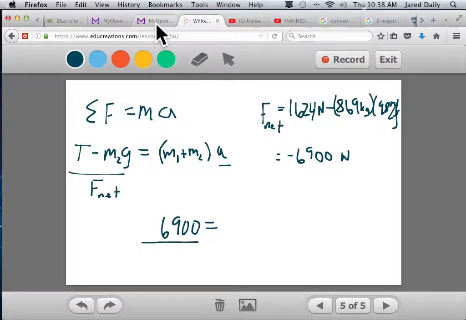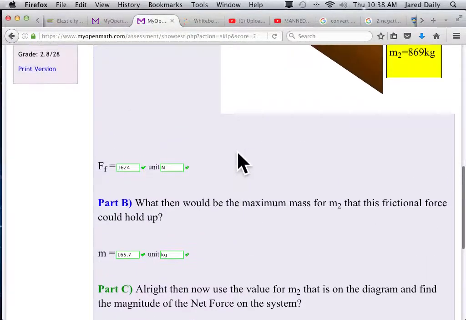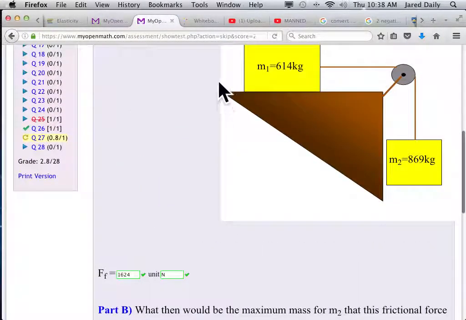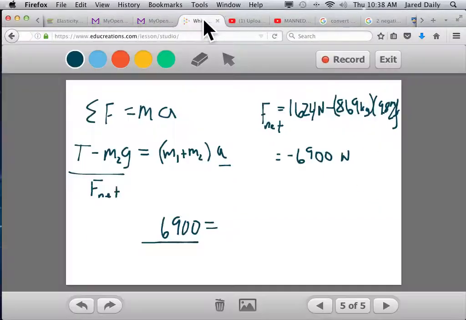Mass 1 is 614, mass 2 is 869. So 614 plus 869 over here. We're dividing by the mass of the system, kilograms, and that equals acceleration. 6,900 divided by 614.